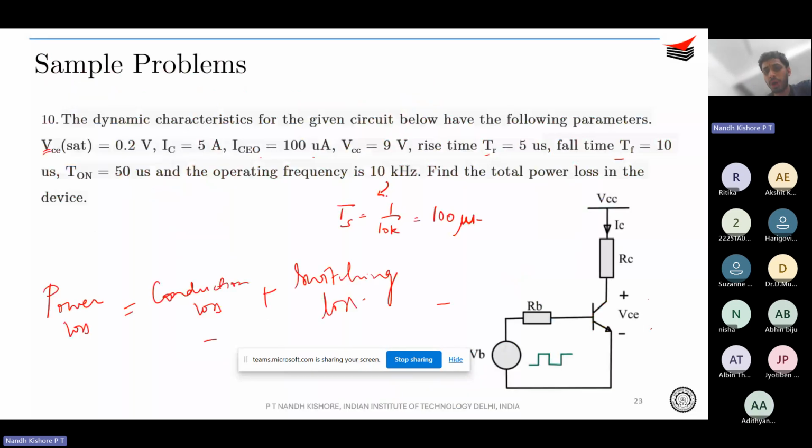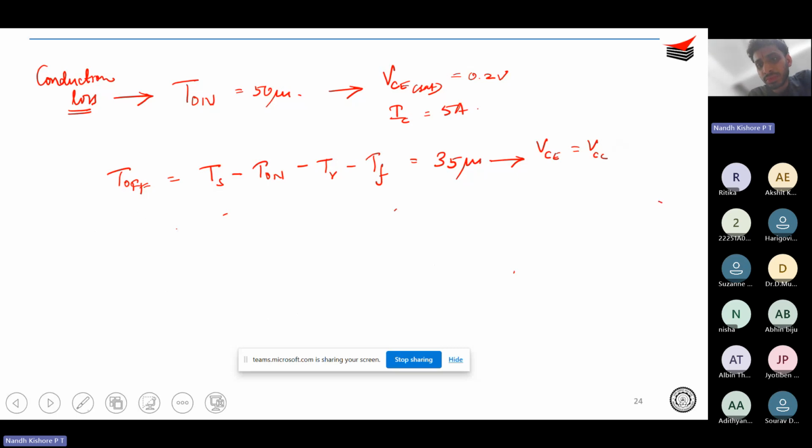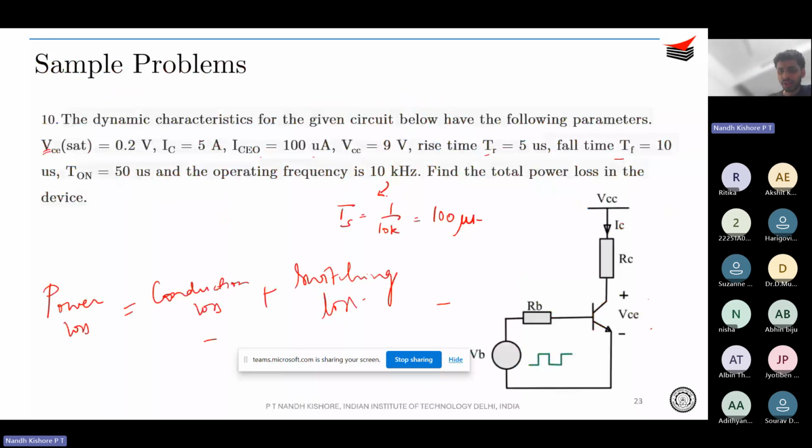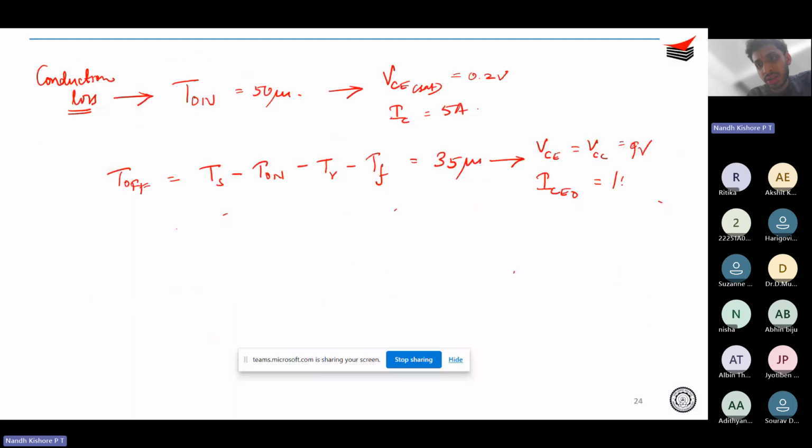That is, the device is going to block entire VCC of 9 volts. And your ICE naught is going to be how much? ICE naught is 100 microamps. So this will again cause a loss, right?